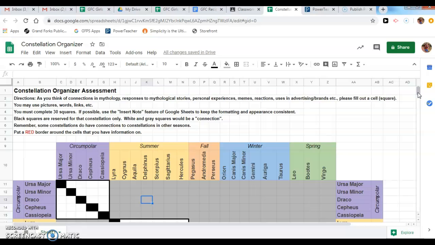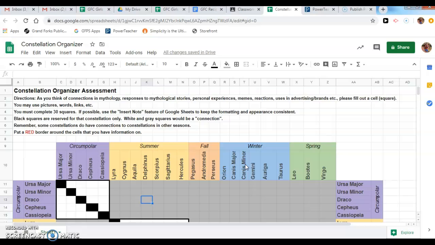There are references to constellations and figures in pop culture and with some products. Even you can get into astrology, the zodiac signs, and things like that.